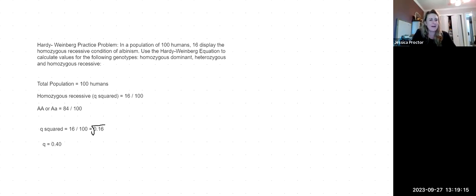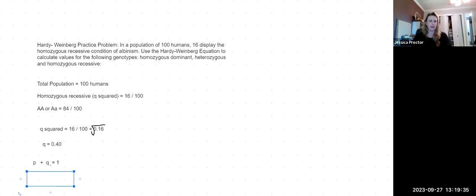Now we know that Q equals 0.40, and based on the equation, P plus Q has to equal 1. So then all we have to do is invert it. To find the value of P, we take 1 minus the value of Q, 0.40, which gives us 0.60.